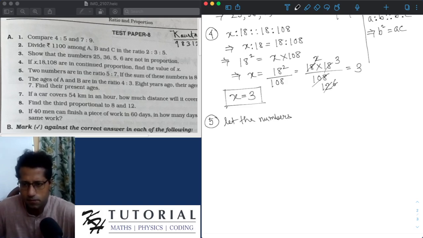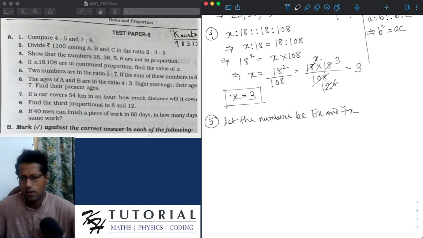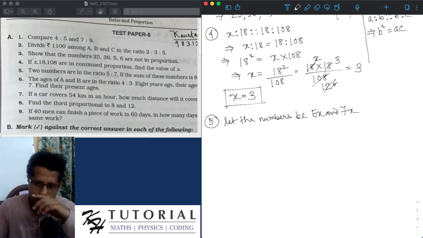The ratio is 5:7, so we assume the numbers are 5x and 7x. Now we have to find the unknown quantity x from the other given fact.